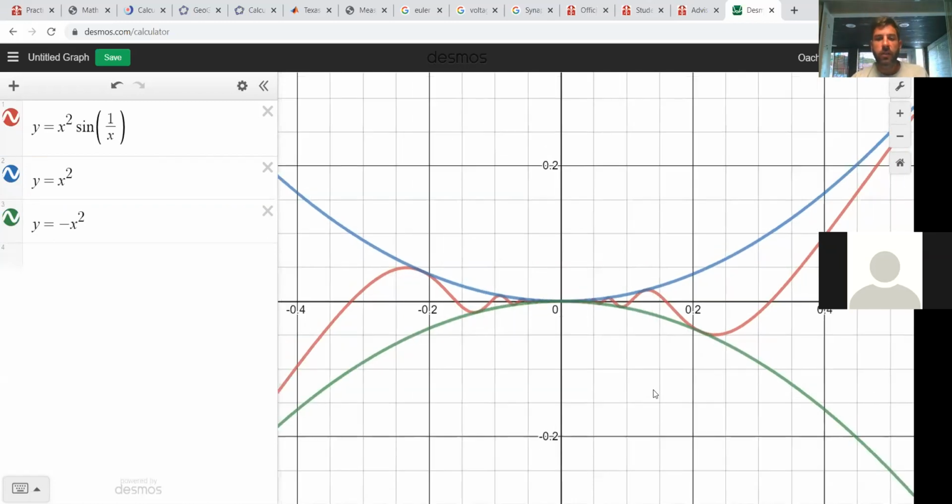And I notice that this red curve is trapped below by the green curve, and it's trapped above by the blue curve. At least that's what the picture tells me. So through this little investigation, I think I have an idea of what's happening here.